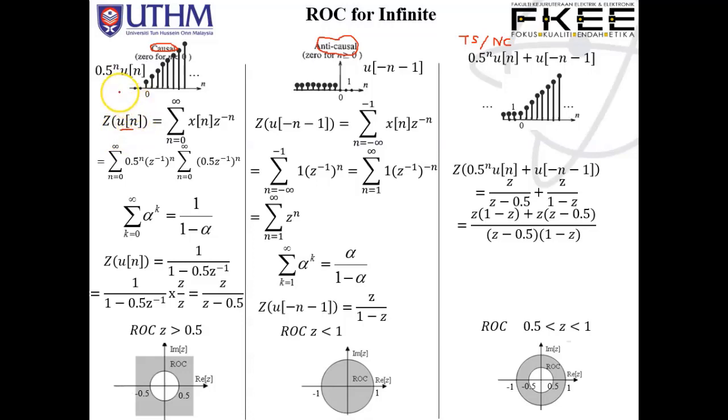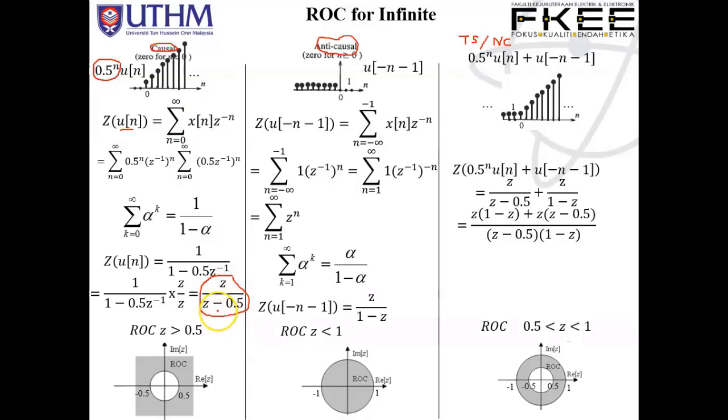The addition is the amplitude scaling here, where we multiply the unit step with 0.5 to the power of n. You can check here how I simplify the equation until I get the Z transform, z over z minus 0.5.